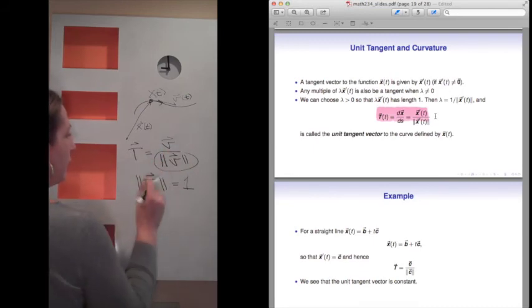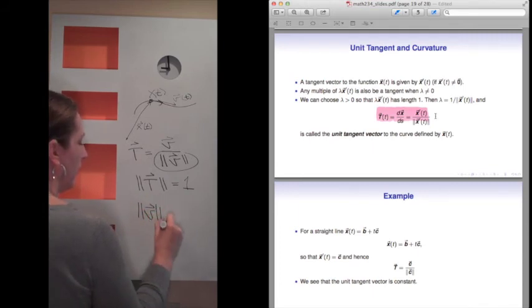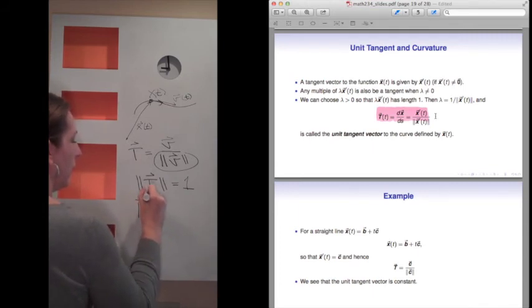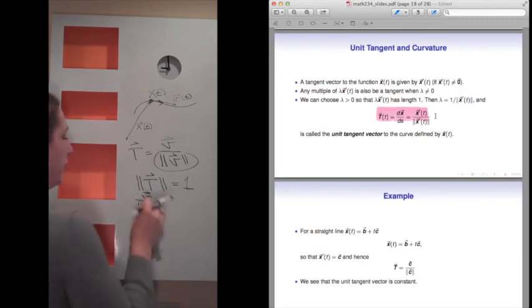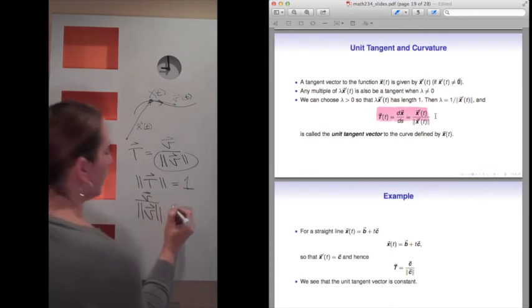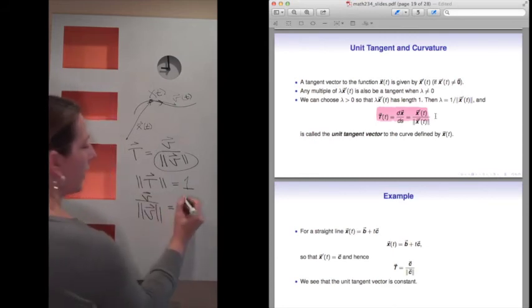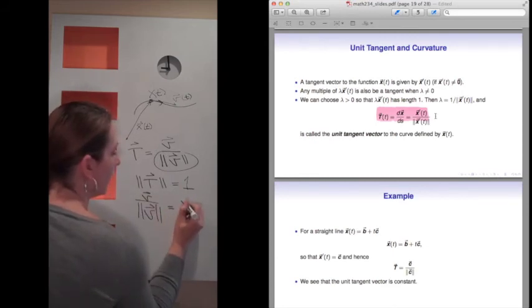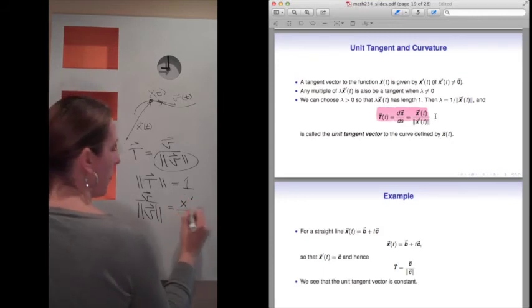So in fact, this formula, v over the norm of v, this guy is the same as x prime.